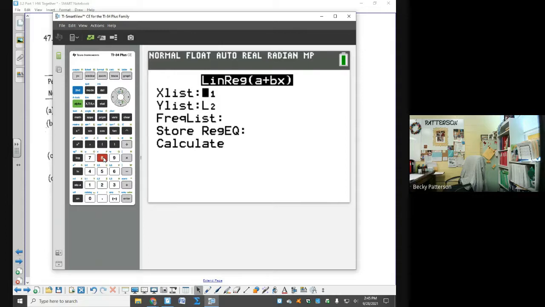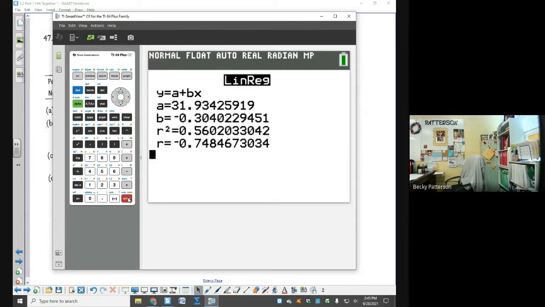L1, L2? Okay, so my equation is going to be, how's it start? Y hat equals 31.934 minus 0.304.